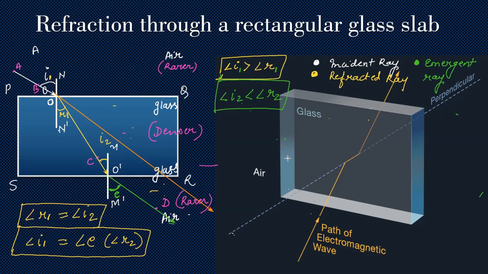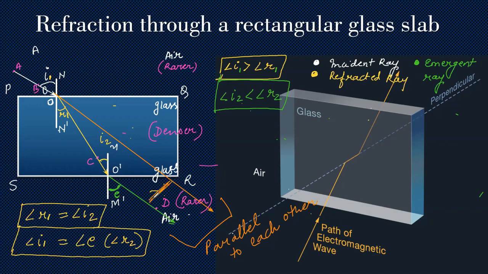These two rays are always parallel to each other, right? Now they are parallel, but have you seen the difference? The emergent ray is not following the same path. There is a gap.